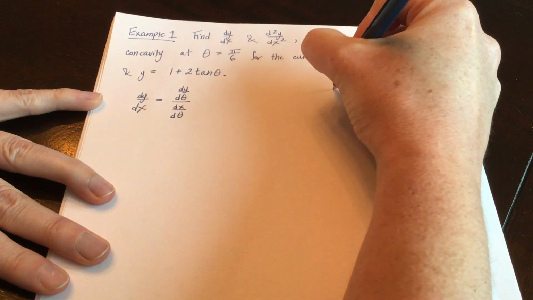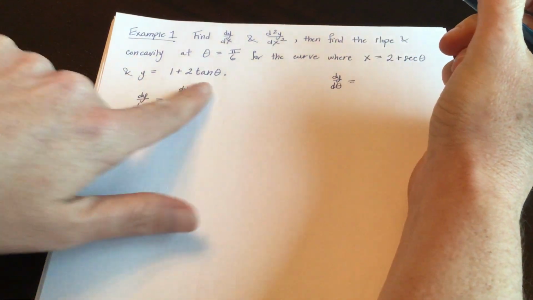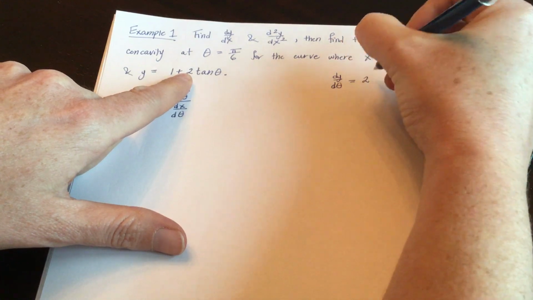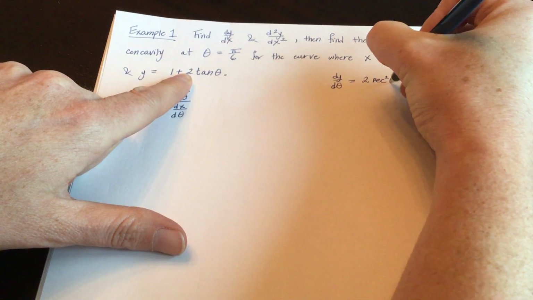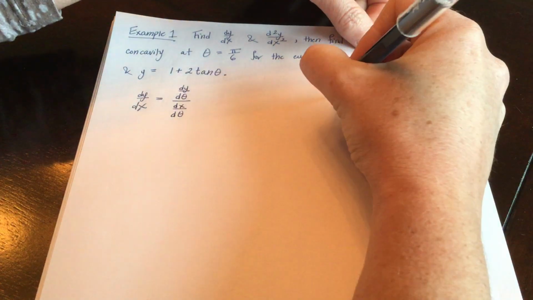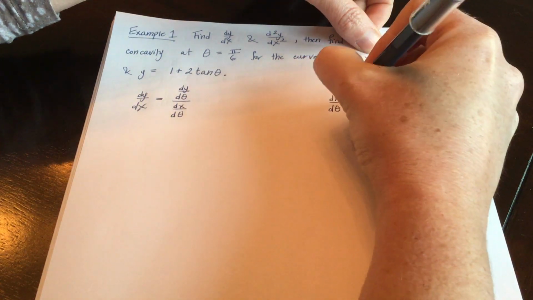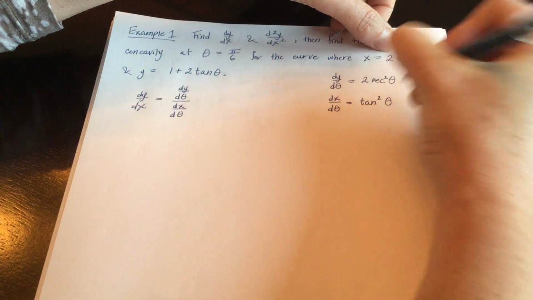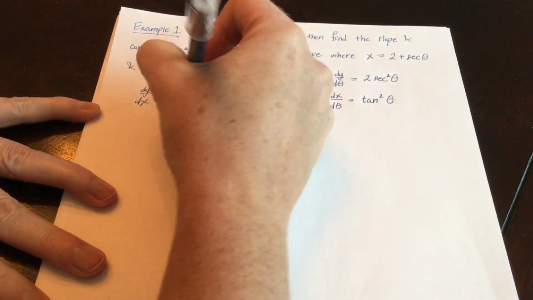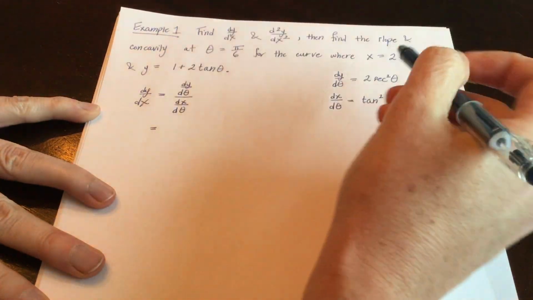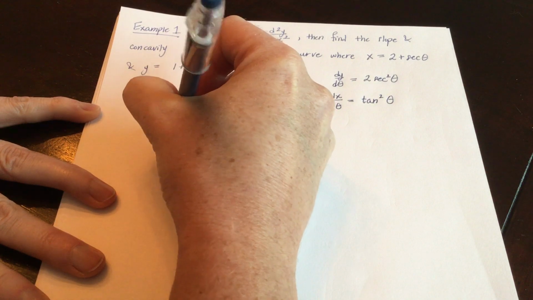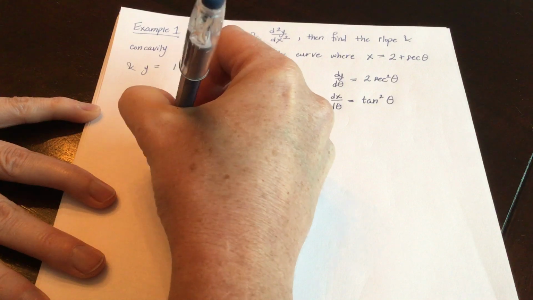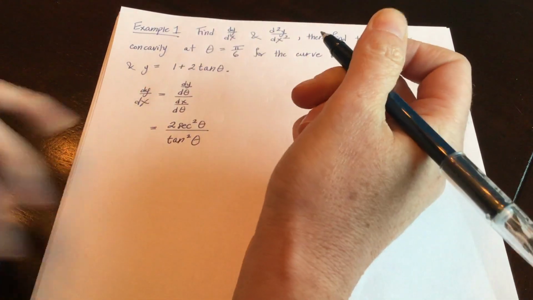So dy d theta, we'll just take d theta of both sides here. So that would be 2, let's see, what's the derivative of tangent? 2 secant squared theta. And then dx d theta would be derivative of secant is tangent squared. There we go. So now coming over here and putting that in, dy d theta is 2 times secant squared theta. Dx d theta is tangent squared theta.